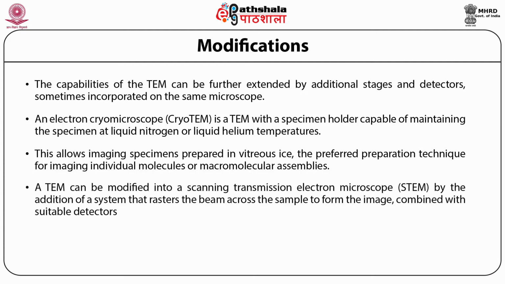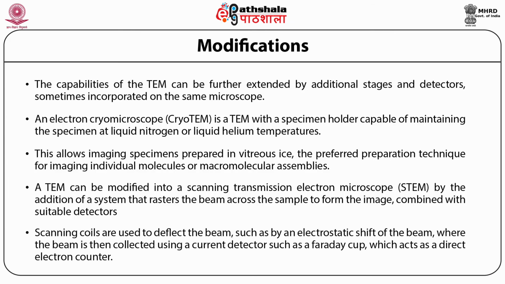A TEM can be modified into a scanning transmission electron microscope, that is STEM, by the addition of a system that rasters the beam across the sample to form the image, combined with suitable detectors. Scanning coils are used to deflect the beam, such as by an electrostatic shift of the beam, where the beam is then collected using a current detector such as a Faraday cup, which acts as a direct electron counter.